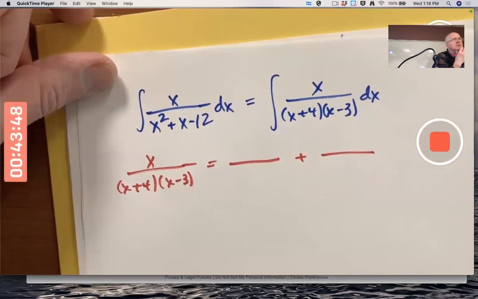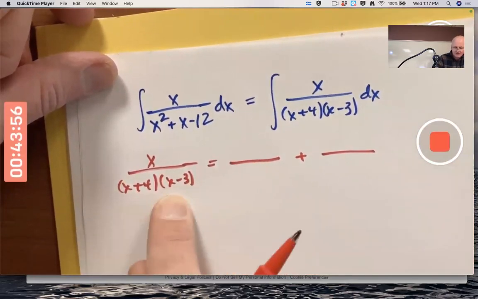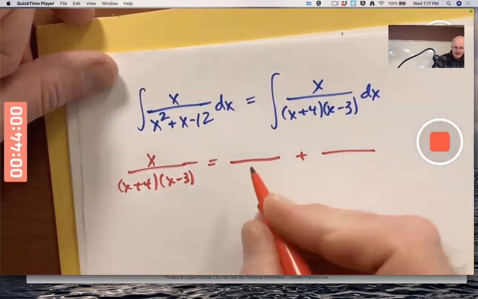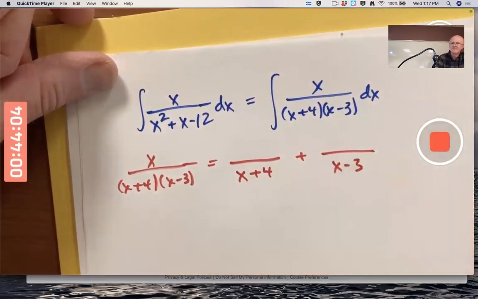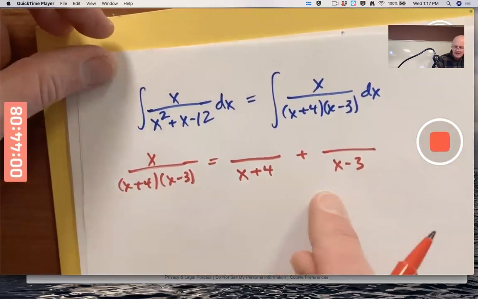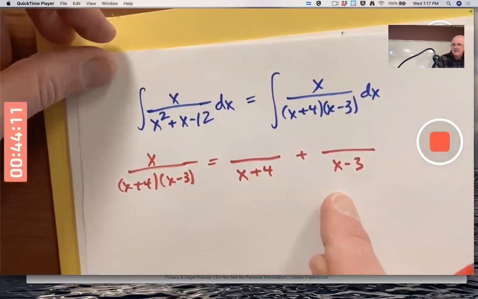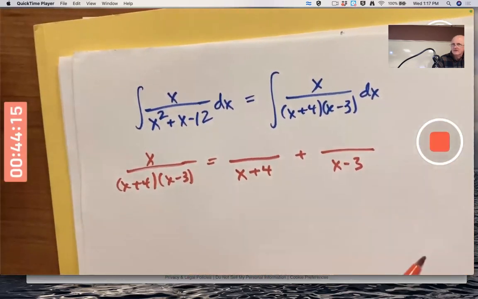When you add fractions, you have to get a common denominator. This denominator, the bottom of this fraction, is the product of two things. Maybe these two fractions should have those things individually as denominators. If you add two fractions like this, the common denominator would be this product, x plus 4 times x minus 3.